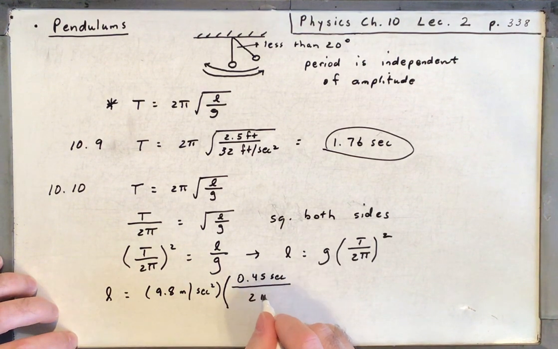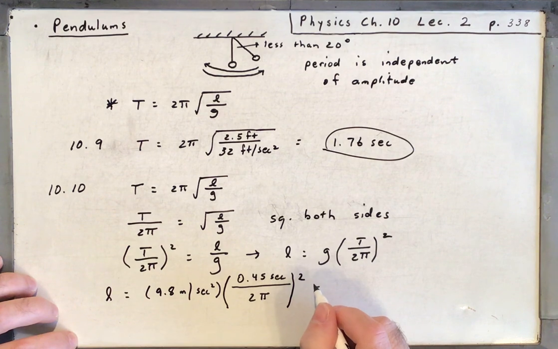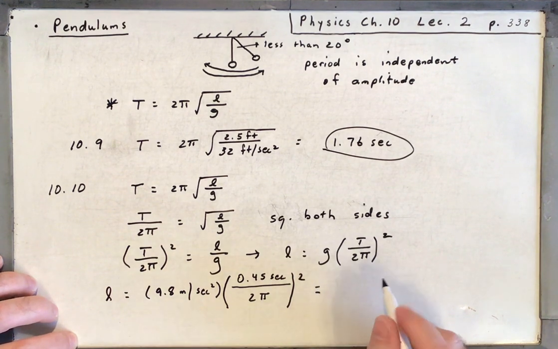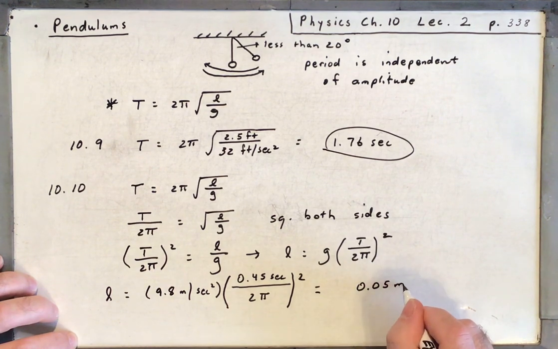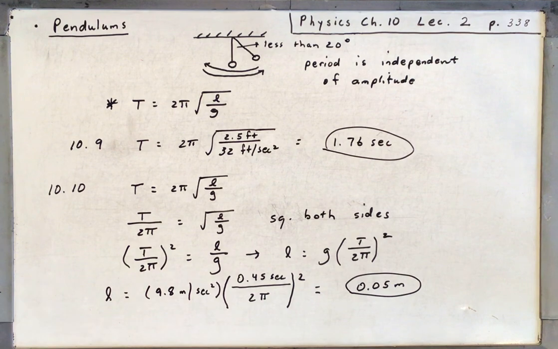And then 2 pi is 2 pi. Don't forget to square it. That's an easy thing to forget. And you will have a length of 0.05 meters. If it asks for centimeters, then it'd be 5 centimeters, but it doesn't say anything like that.